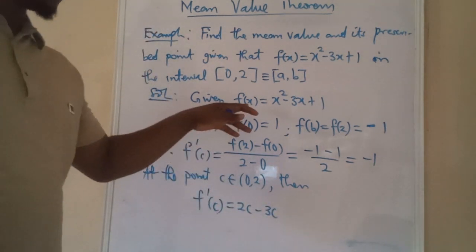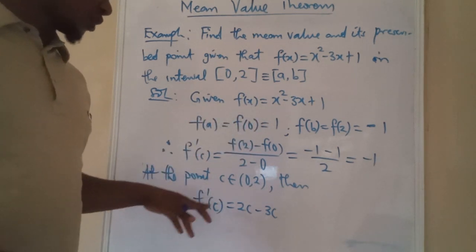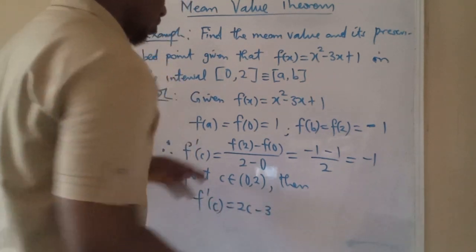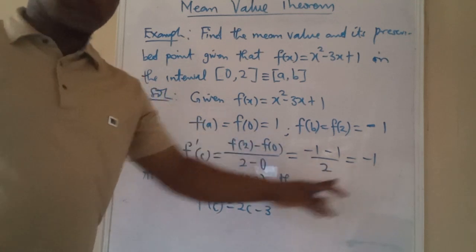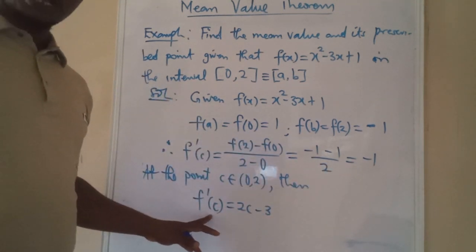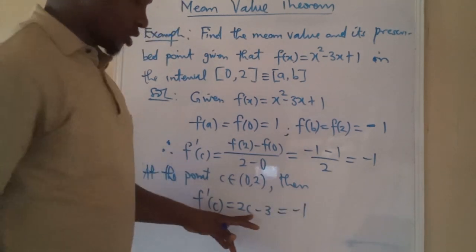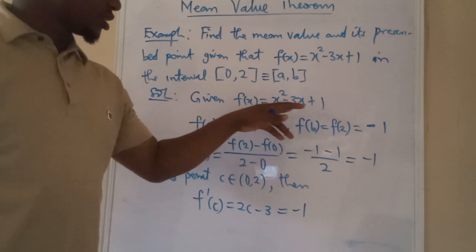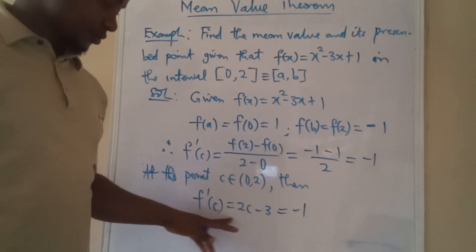What we have done here is to find the derivative of this function, then substitute C there. Since we have the mean value to be negative 1, the mean value here, that's f prime of C, is negative 1. And we are able to get the slope from here when we find the derivative and substitute C in the derivative.